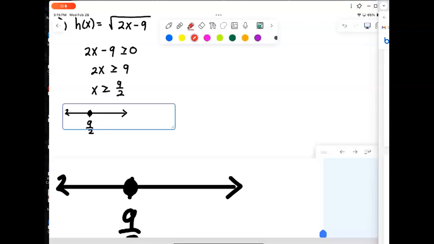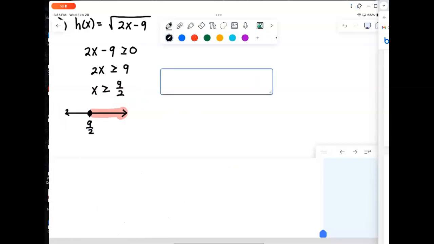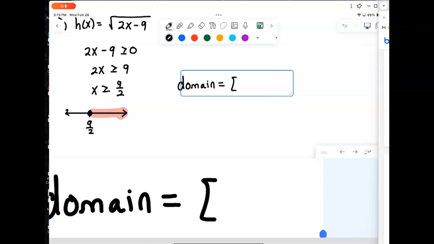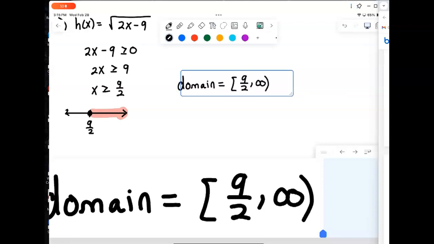But I think some of you might find drawing out the physical number line helpful to keep track of left endpoint, right endpoint, that kind of stuff when it comes to the question of domain. So domain here would be bracket 9/2, comma, infinity. That's how we found the domain of that second function there.